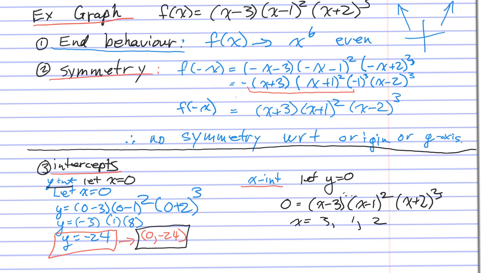The multiplicity of the first one is 1. The second one, the number 1 here, its multiplicity is 2. And you'll see what that looks like. And the multiplicity for the -2 that we calculated before is 3.